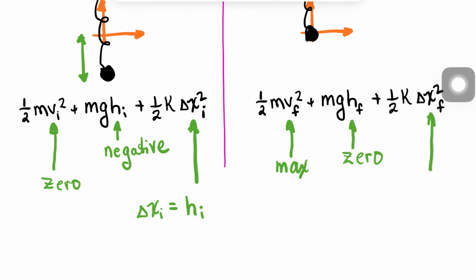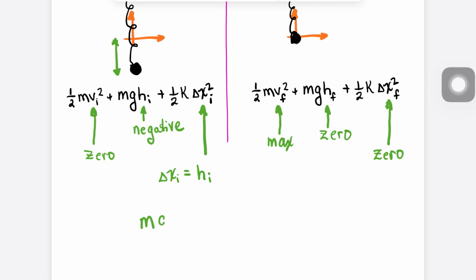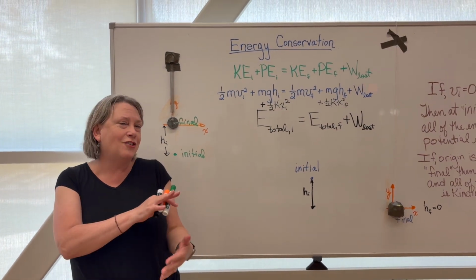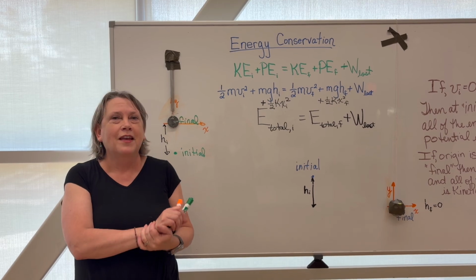The final location has the spring at equilibrium, so delta X will be 0. Now, just not writing all of the terms that are 0, I can write the energy conservation equation for this system. Great, and those are our first 2 introductory energy conservation examples.